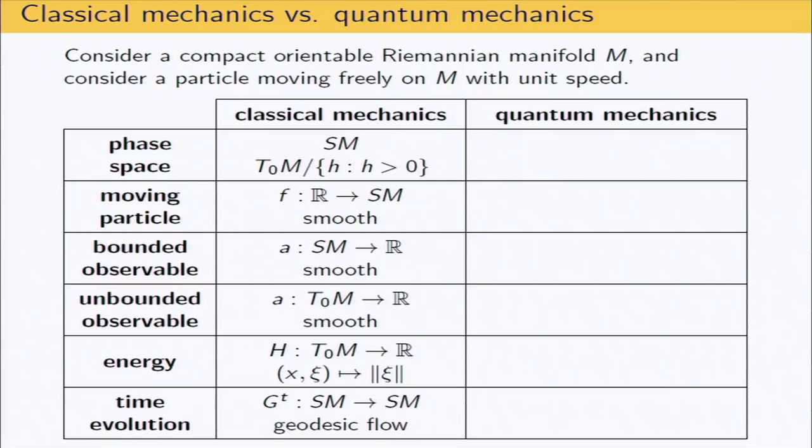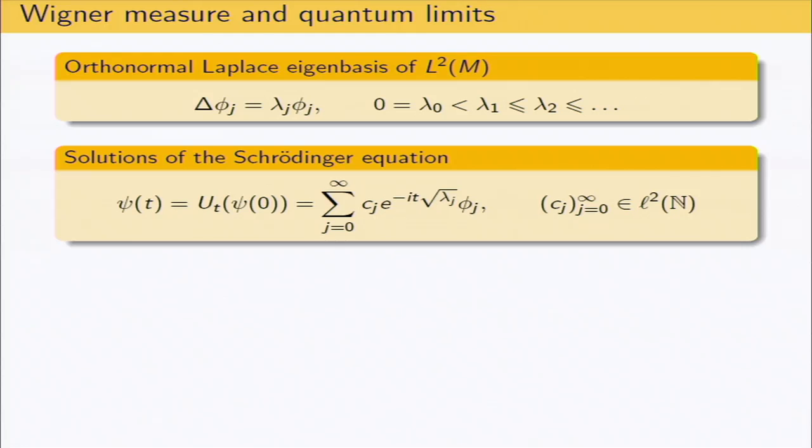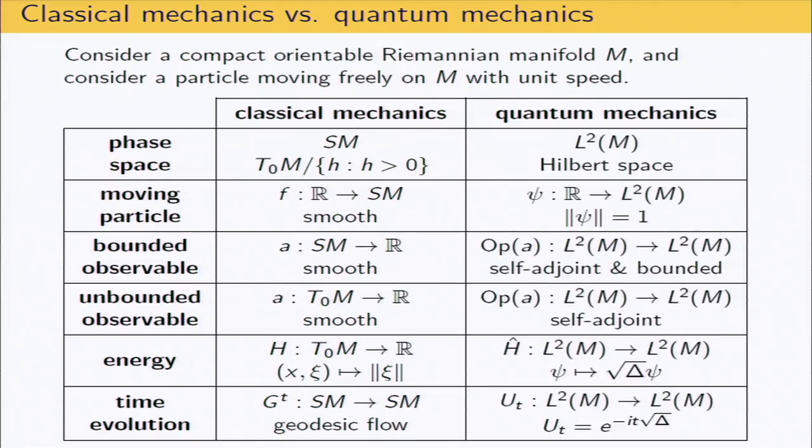In quantum mechanics, the role of phase space is played by a Hilbert space. I'm sorry, I have some problem with my computer, it's slow. So in quantum mechanics, phase space is the L2 space of M with respect to the volume form of the manifold. It's a Hilbert space in the usual way, with the usual scalar product.